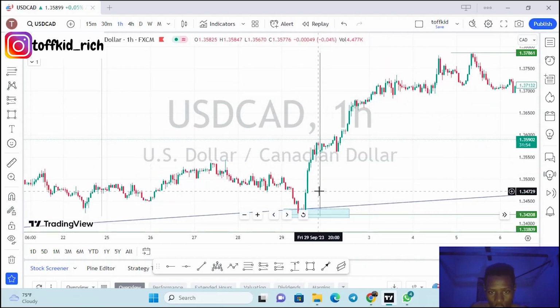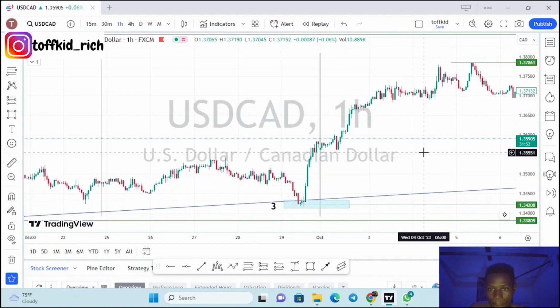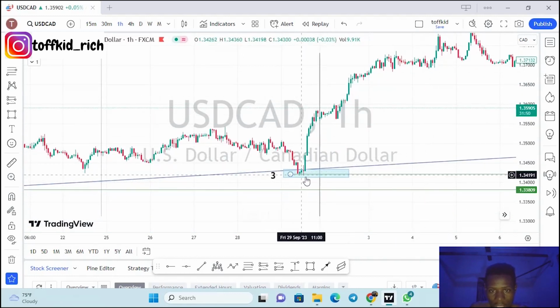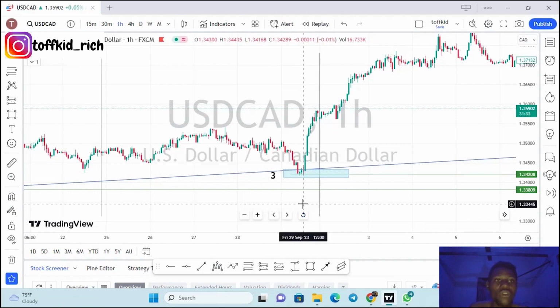So on the 1-hour time frame, we can clearly identify price or market rejection right on the third touch of the trend line. So we have 1, 2, 3 candlesticks rejecting on the 1-hour of the trend line.